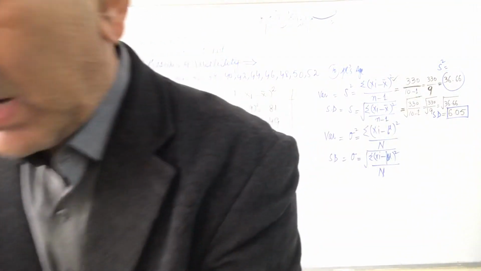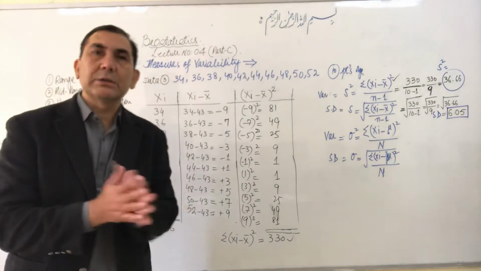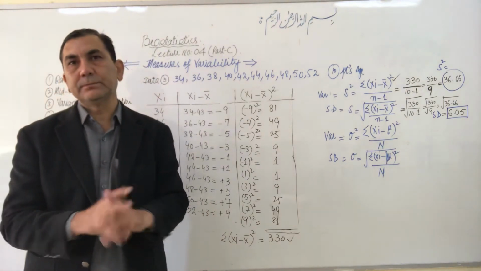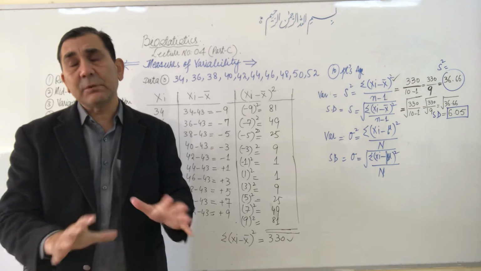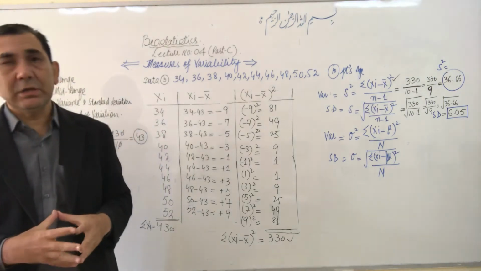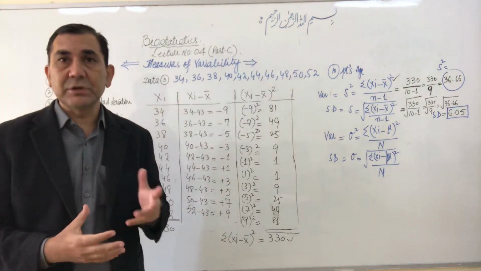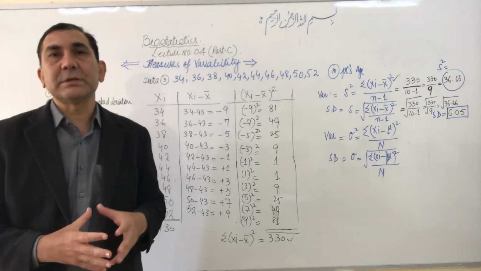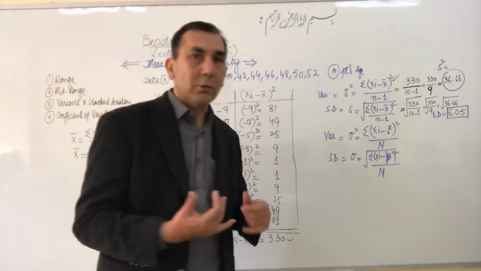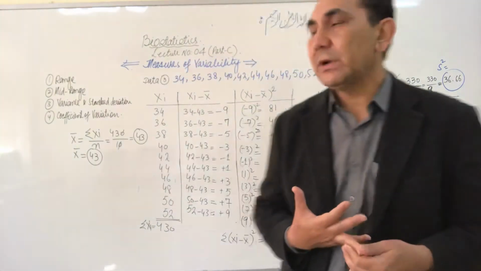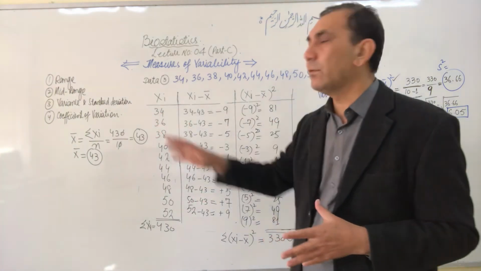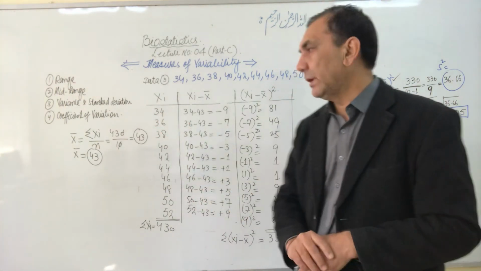So from today's session, in lecture number 4, part C, we learned to measure the variability or the differences present in the data set. We have 4 methods to measure the variability of the data: the range, mid-range, variance and standard deviation, and the 4th method is the coefficient of variation.